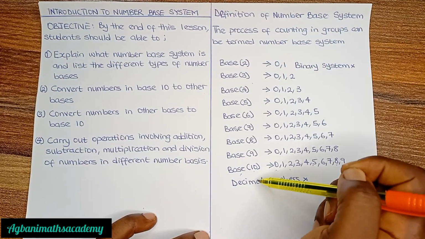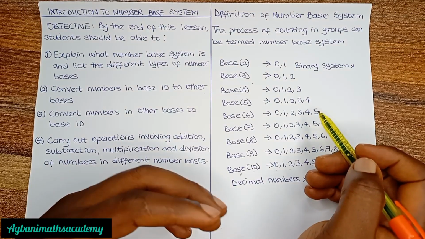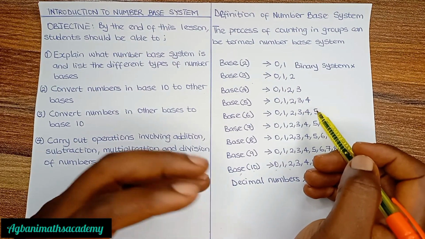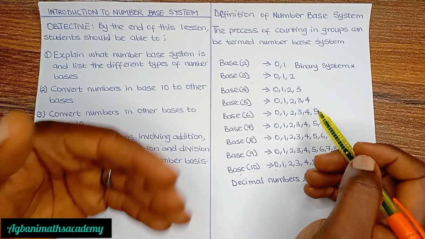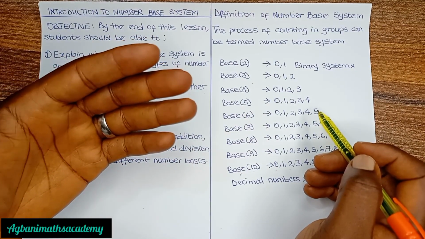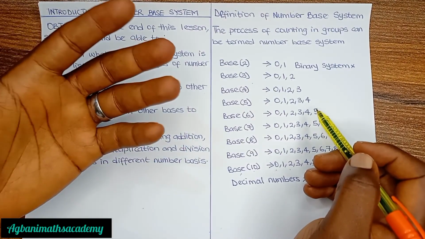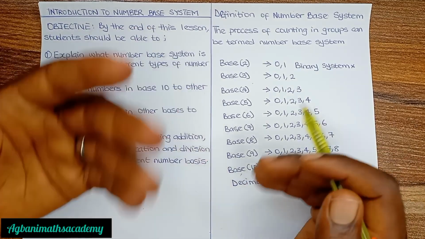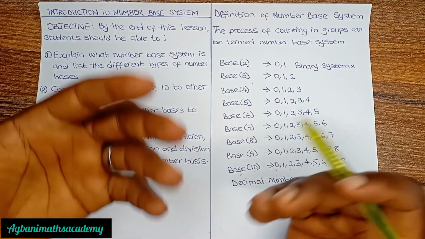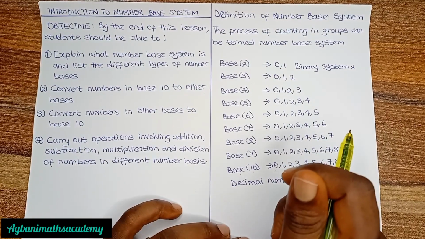So converting from base 10 to base 2 will help us see how computers identify what we are putting in as input. And converting from base 2 to base 10, we'll see how when a computer solves any problem in base 2, it also has to convert it back to base 10 for us to understand the operation that it has done. So this is the main target of this lesson.